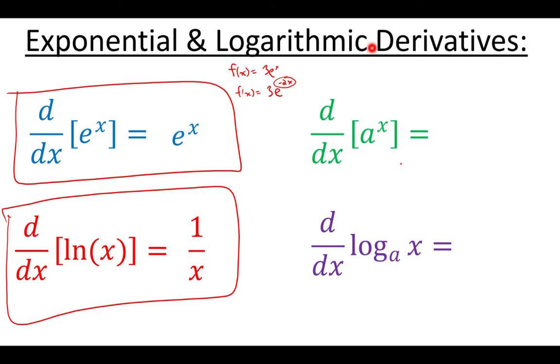In the same way that if this function down here was not just the natural log of x, but if it was, I don't know, 1/2 x natural log of 3x, it changes just a little bit of what we're going to be doing. However, for now, we're just going to start with the basic ones where you always only have e to the x or natural log of x. But just note that it's possible we could have more stuff in that exponent or more stuff inside of that natural log function.